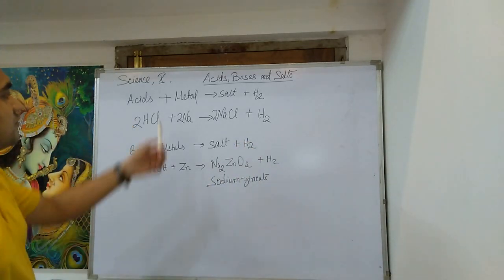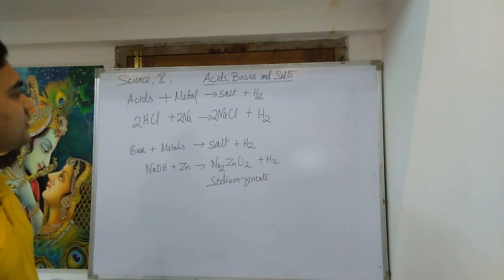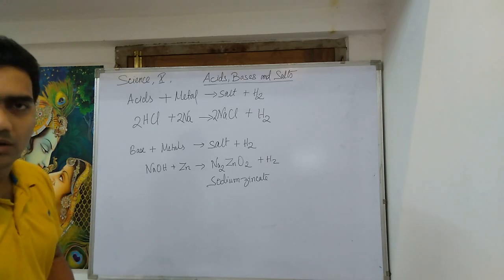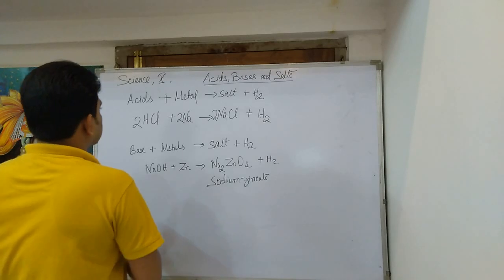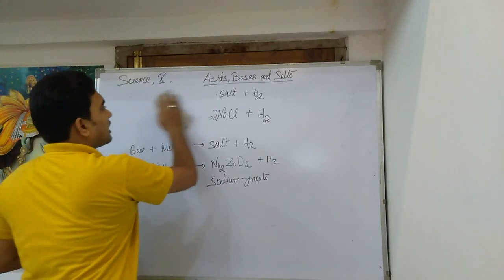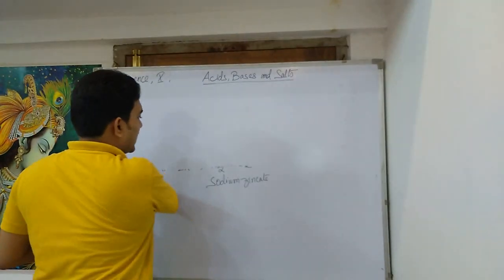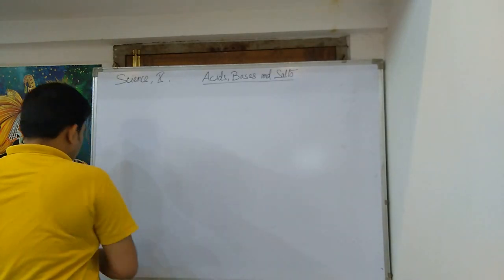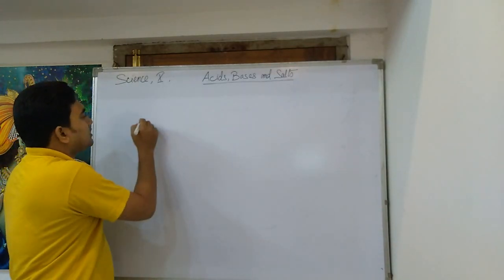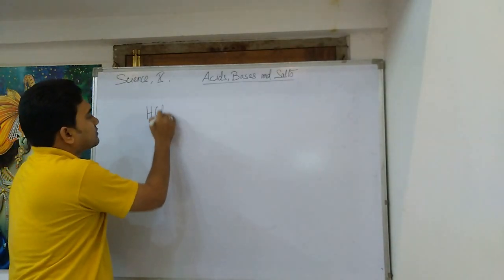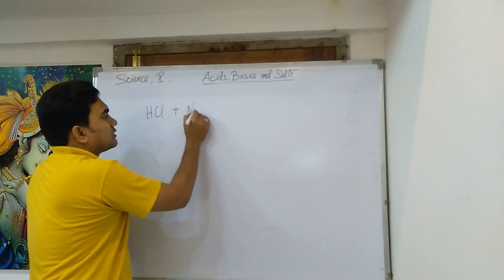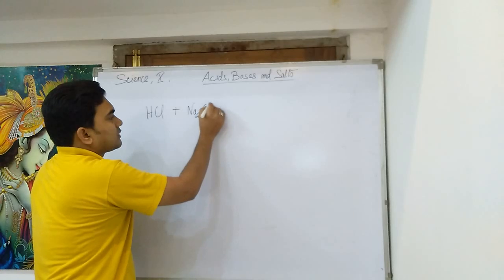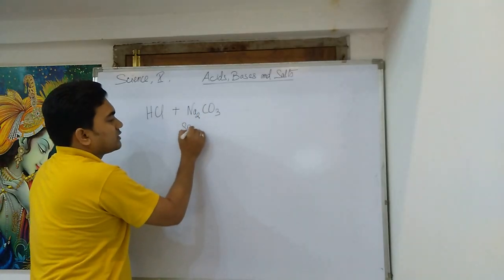Now instead of metal, what will happen if we take metal carbonate or metal hydrogen carbonate? So what will be the reaction of acid with metal carbonate or metal hydrogen carbonate? So let us take an acid HCl, expose it to sodium carbonate.